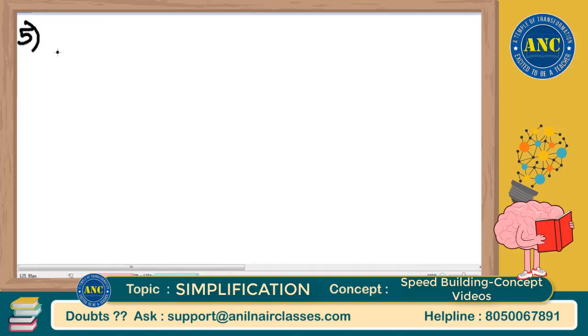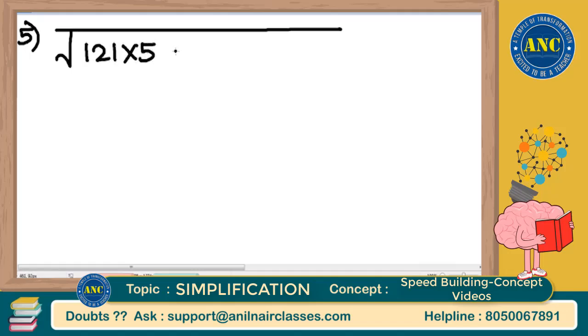Another square root question. Question number 5. Square root of 121 into 5 plus 133 minus 657 is equal to question mark. Now everyone please listen carefully. I am taking some easy questions initially.